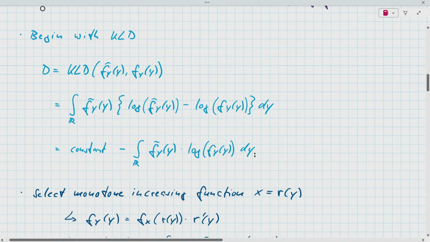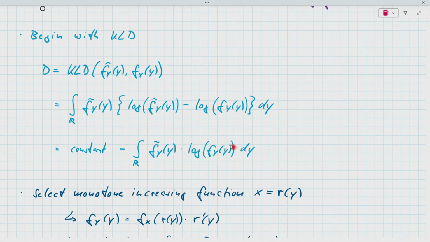And when you look more closely, you can see this as an expected value. It's a nonlinear expected value. So this is the reference density that provides the y values, and this is the nonlinear expectation, the log of f of y.